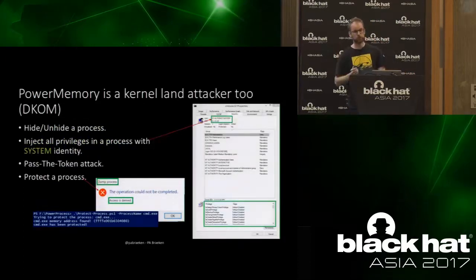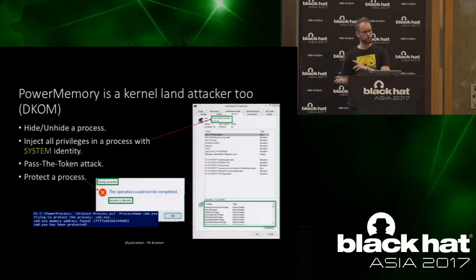But PowerMemory is also a kernel land attacker, so with DKOM, direct kernel object manipulation. Basically, I made some other proofs of concept to hide a process, for example, like a rootkit does. You can inject all privileges in the process. So basically, I will create a totally new token with system identity.